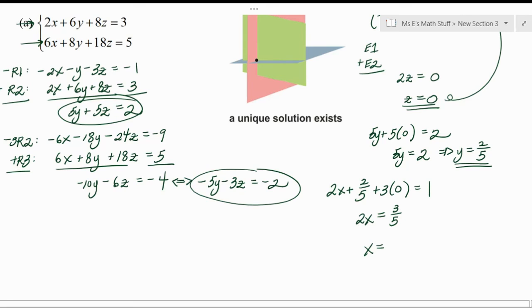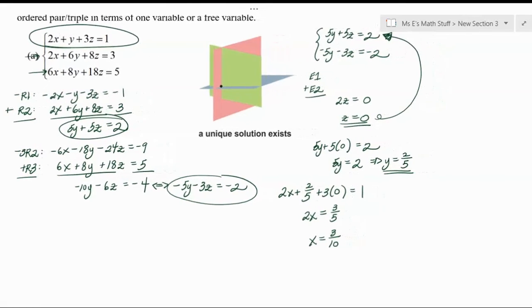Then divide both sides by 2 or multiply both sides by 1/2, however you want to think about that, and we'd end up with 3/10, I think. There we go. So you had 3 planes, and the one point where all 3 intersect is the point 3/10, 2/5, and 0.